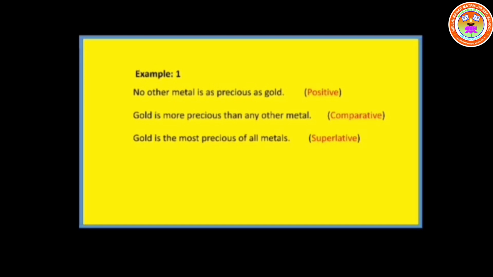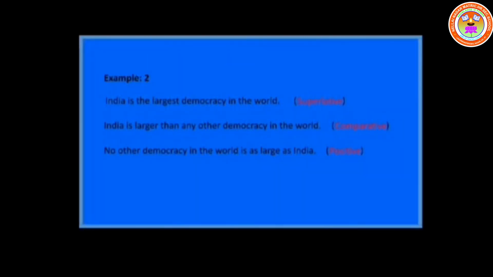Now how is it transformed to superlative degree? It is very simple. Gold is the most precious of all metals. That is the most precious metal. Now example 2. India is the largest democracy in the world. In this sentence we have got the, so definitely it is the superlative degree.